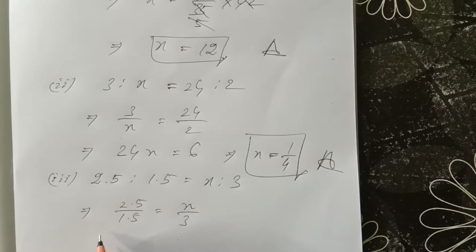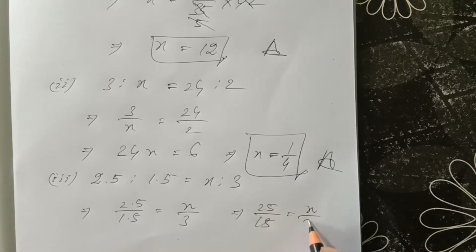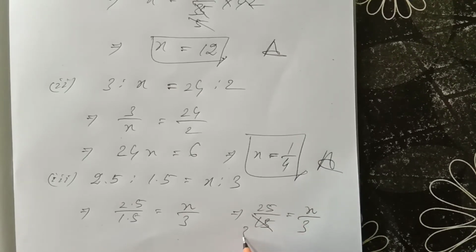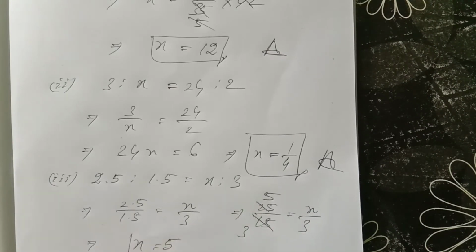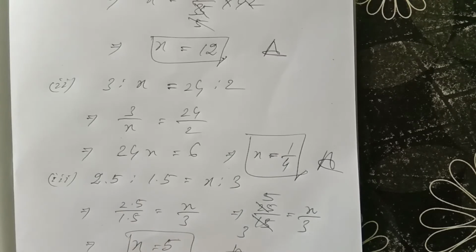The decimal point can be cancelled, so you will get 25 by 15 is equal to x by 3. It will go by 5: 5 3s are 15, 5 5s are 25. So 5 by 3 is equal to x by 3. 3 and 3 cancel, that means x is equal to 5.